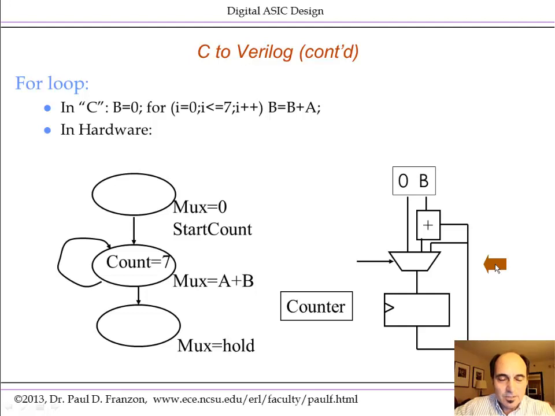This again is illustrating that a for loop in C does not become a for loop in Verilog, it becomes a counter in Verilog. So again, I'm specifying what is data path and what is control here. The control statement in C is becoming control logic in the digital logic design.